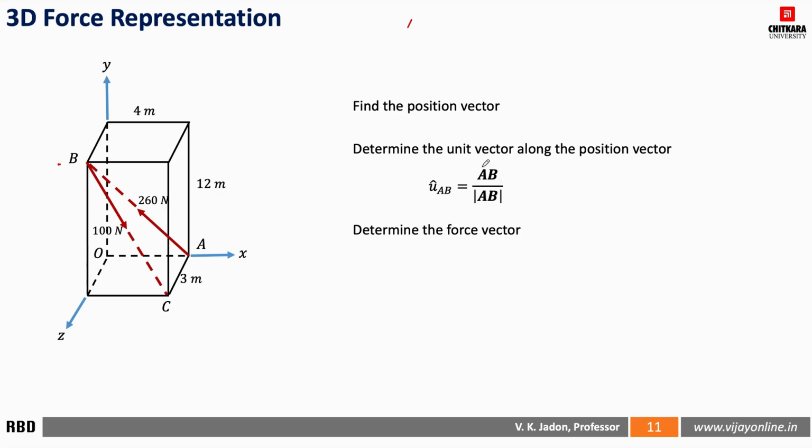The position vector AB we have to find out first, then we have to find out the magnitude of the position vector, then the unit vector, and then multiply the value of the force with the unit vector in the direction of the force. That will give you the force, because the unit vector only represents the direction; the magnitude is 1. So that is what we will be using for finding the force FAB and also the force FBC.